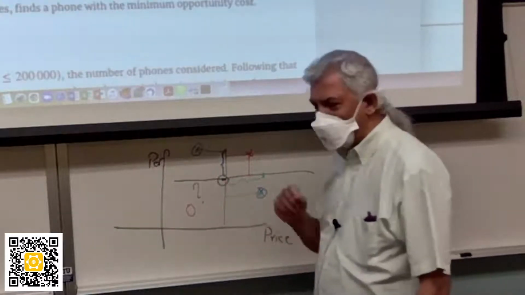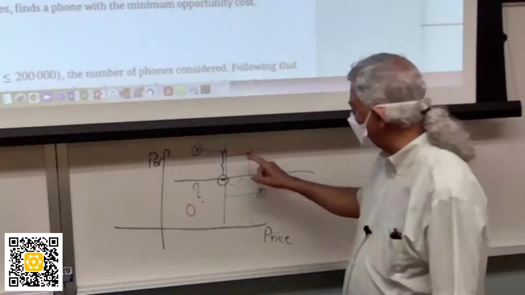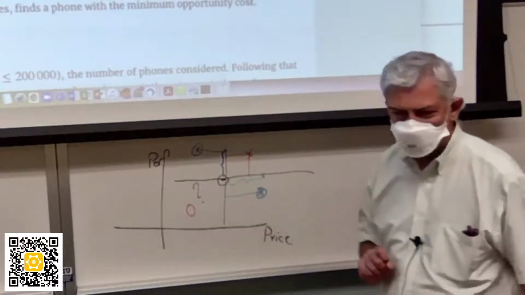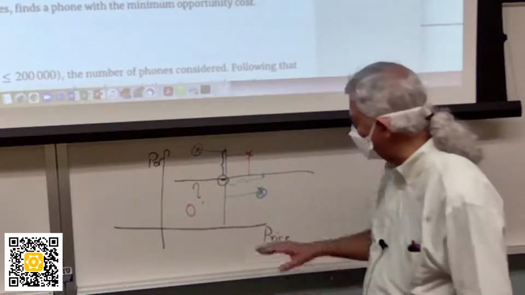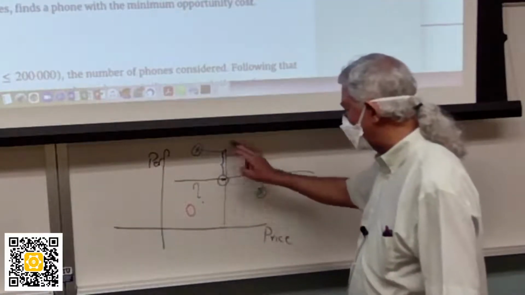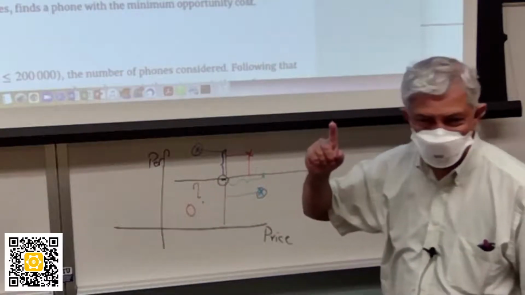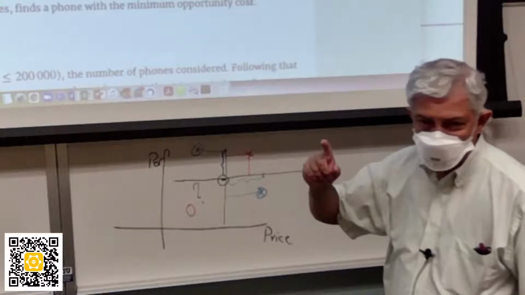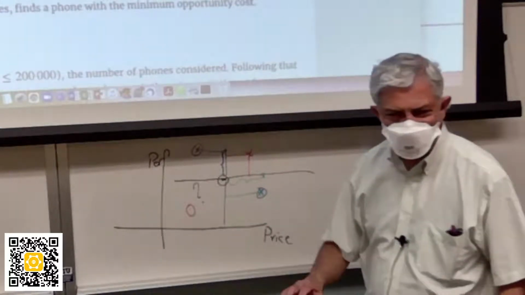The range tree I'm going to use in the following manner. If you give me any phone, I'm going to ask, is this part empty? Because I can ask for the number of points whose x value is bigger than this guy's x and whose y value is bigger than that. That's easy for me to check in that range tree, right? So I will figure that out. If this is not empty, I'll say forget it.